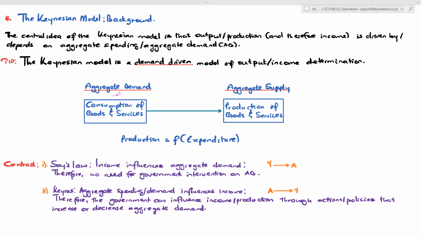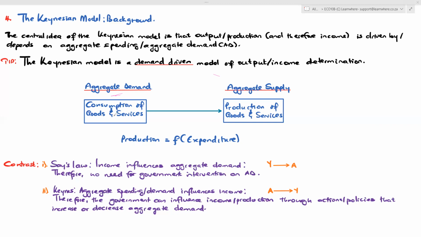You look at whether there's a market or a demand for whatever you are trying to sell. You don't just produce any product and then hope that there's going to be demand, but you do market research and establish that there's demand. So once there's demand, that demand is going to drive production, and it's going to give you an indication of what your production level is supposed to be.